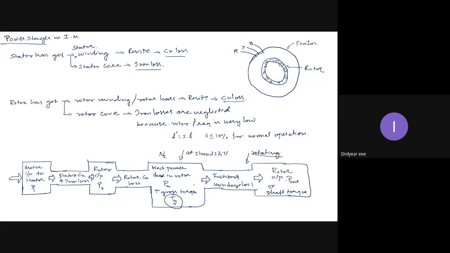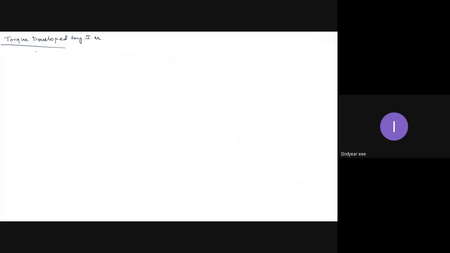So if I want to use the equation for Tg in terms of speed, the speed considered should be the synchronous speed. So here I can write the torque developed by induction motor: torque Tg is equal to P2 divided by omega s, or I can write this as P2 divided by 2 pi ns by 60.